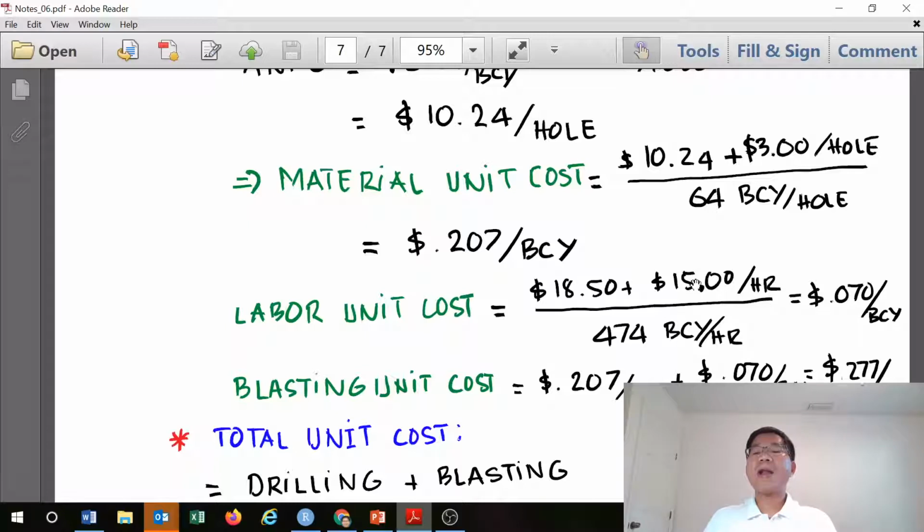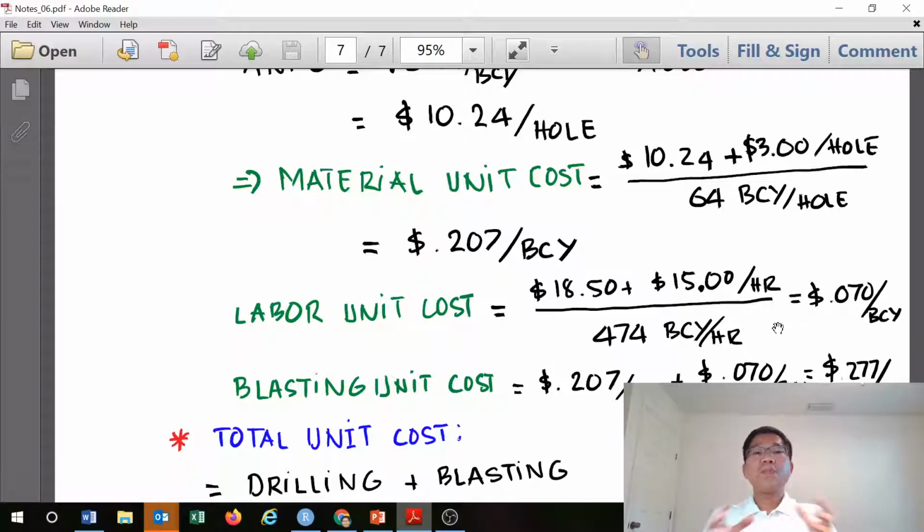And then for that 1 hour, we don't divide by 64 because that is per hole. This is per hour. So you have to see how many bank cubic yards we can yield per hour. So that is hourly production, 474 bank cubic yards per hour. So you cancel out hour, dollar per bank cubic yard. So only 7 cents per bank cubic yard for labor blasting.